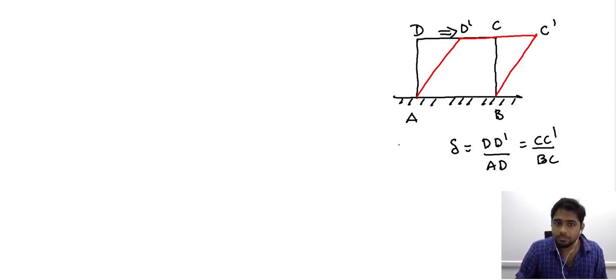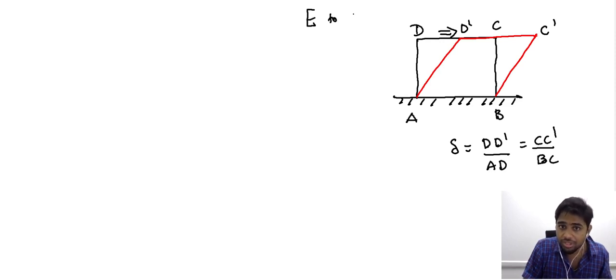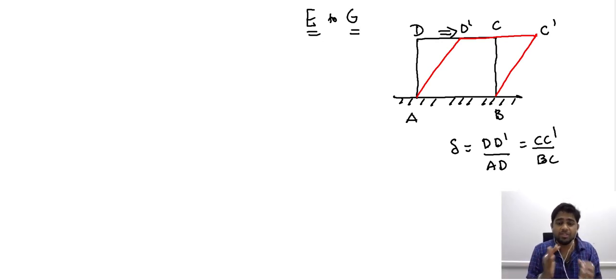Now we need to relate the shear strain. So our ideal goal is to arrive at a relation or expression that relates Young's modulus to the shear modulus. So what we need to have then is to identify a distortion, a deformation that is similar to the ones that we observe during tensile or compressive loading.